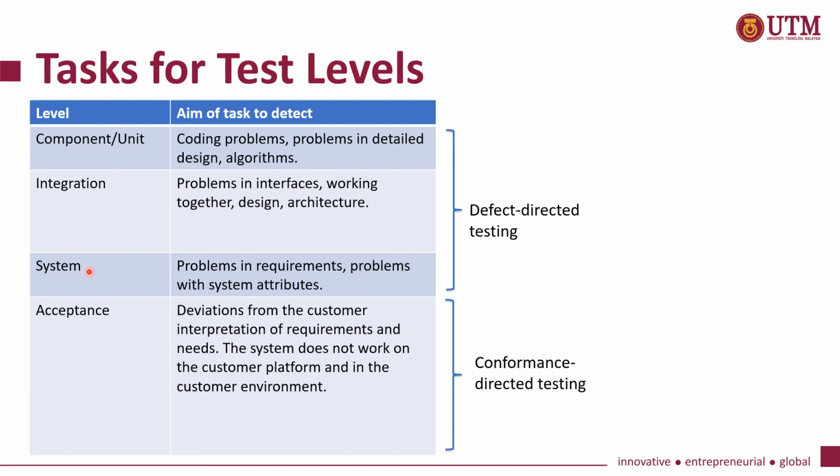The system testing will find problems in requirements or problems with system attributes, and finally the acceptance testing will be responsible for finding problems such as deviation from the customer interpretation of requirements and needs, or if the system doesn't work on the customer platform and in the customer environment.